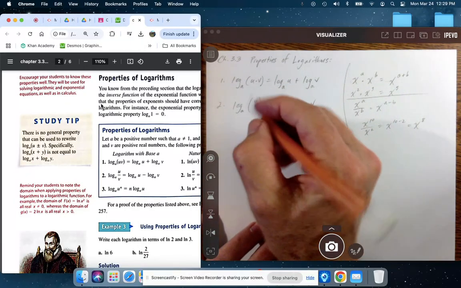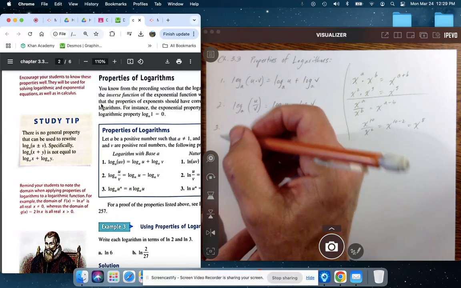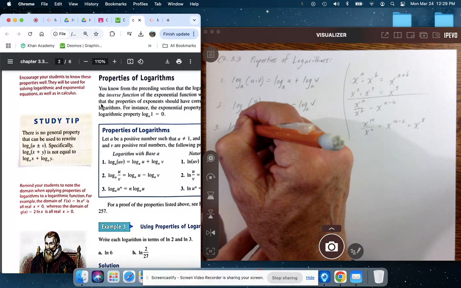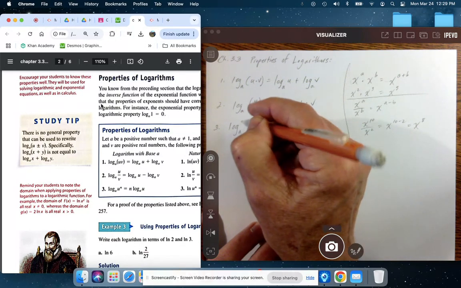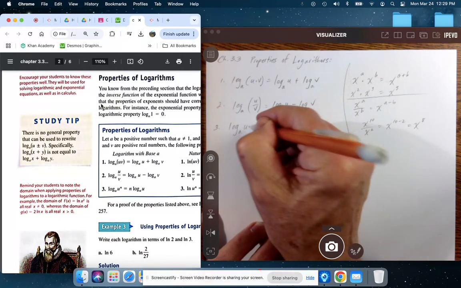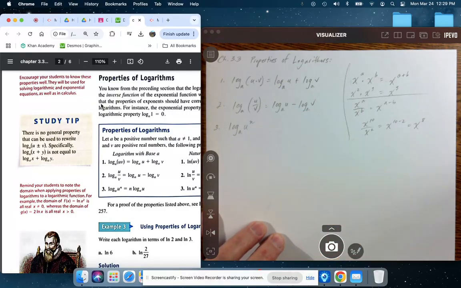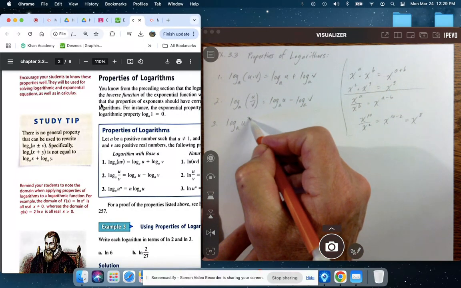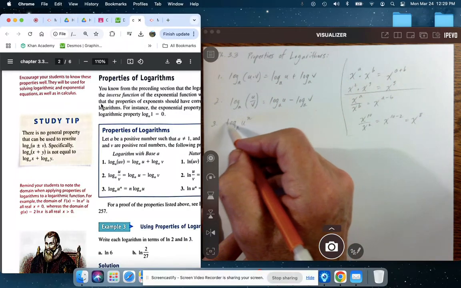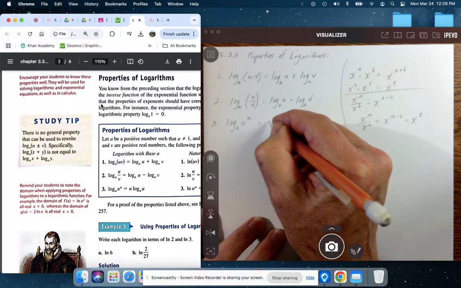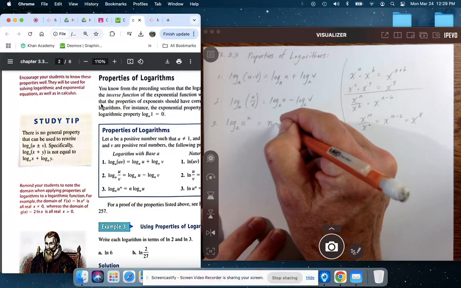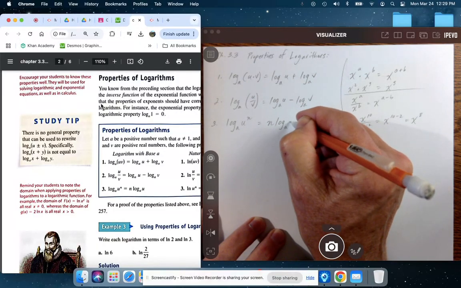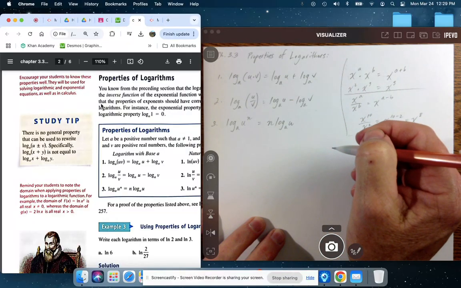All right, and then the third property is dealing with exponents in logs. So if you have log base a of u raised to some power, let's say n, then that n can become a factor of the whole thing. So it can be brought out to the front like this, n times log base a of u, right?